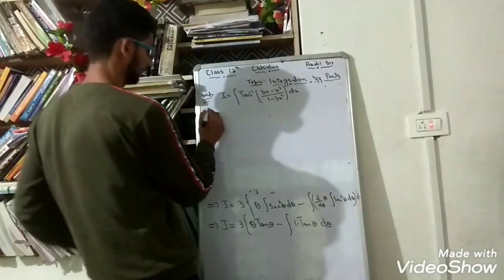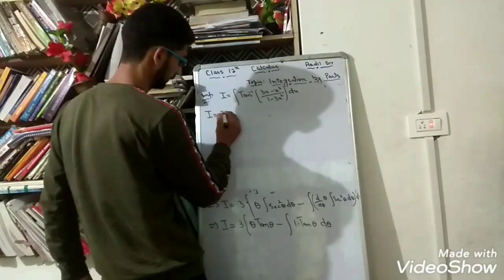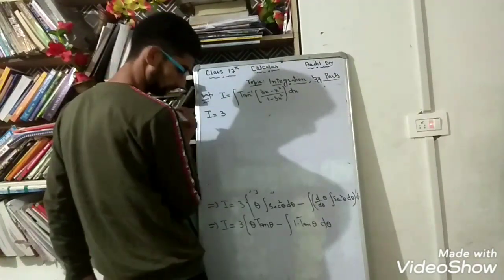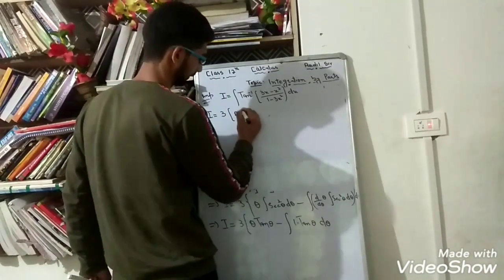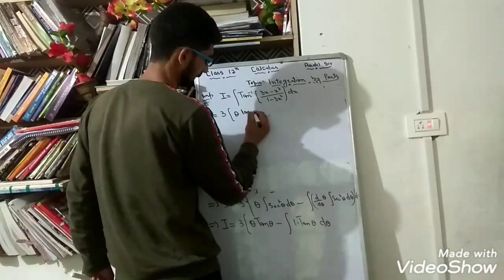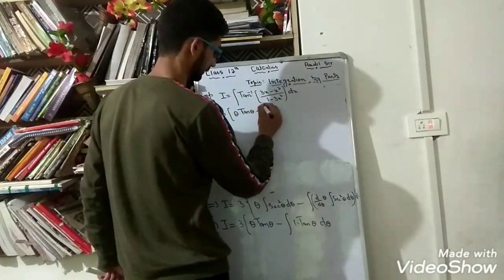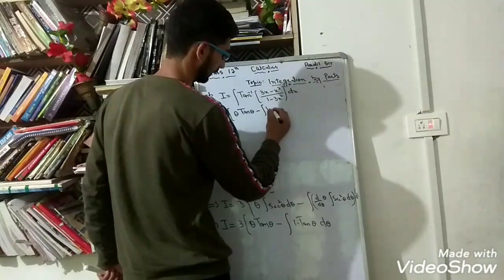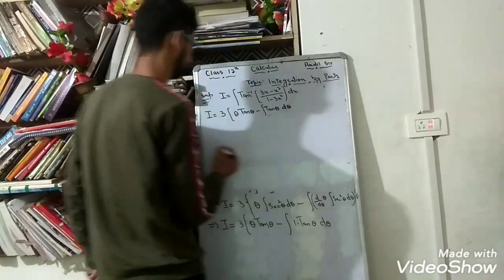We got I is equal to 3 times theta tan theta minus integral of tan theta d theta.